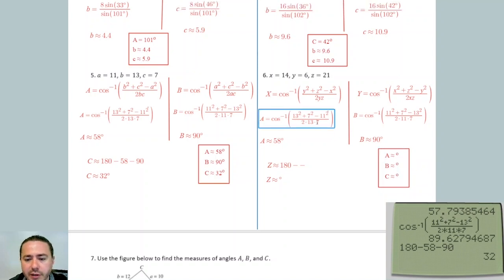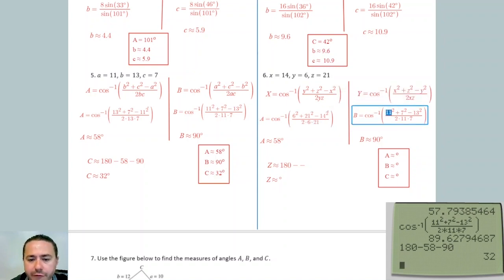Okay, so let's start plugging stuff in and fixing this up. So Y is 6, Z is 21, X is 14, over 2 times 6 times 21. And then for angle B, let's go ahead and fix this as well. 14 squared plus 21 squared minus 6 squared.